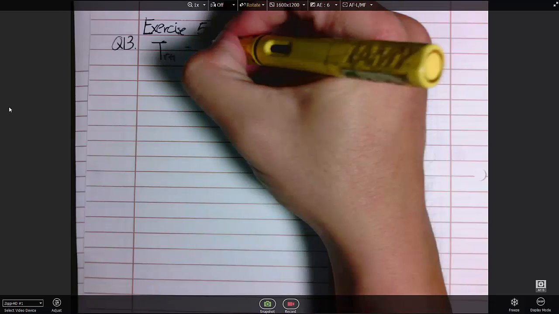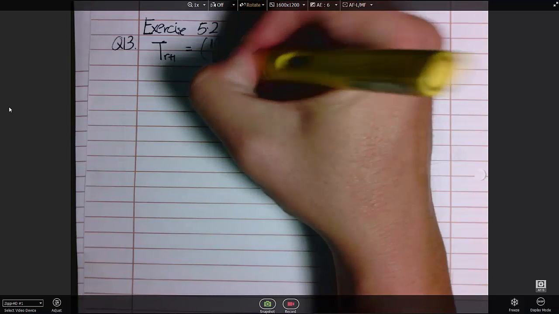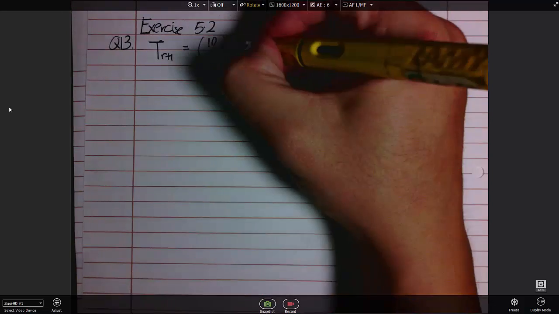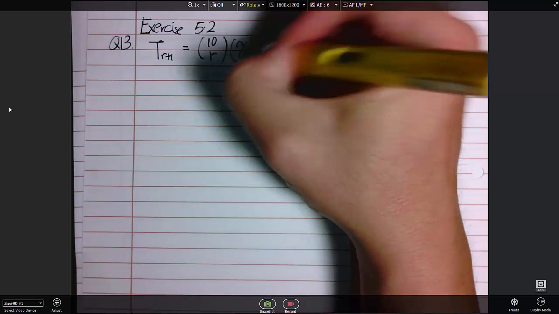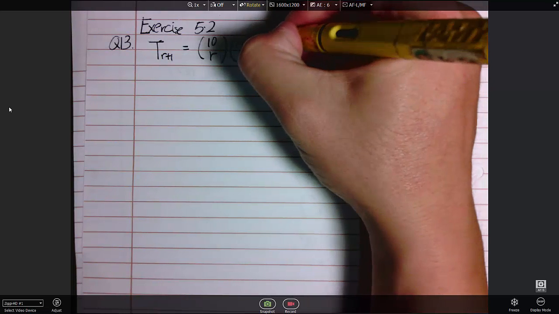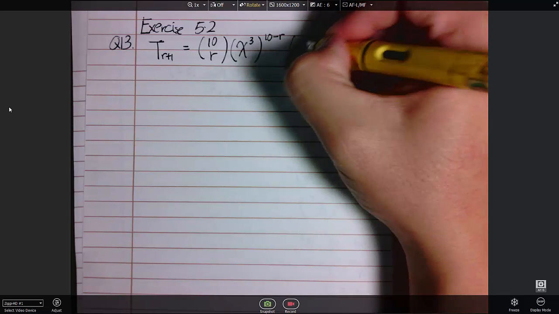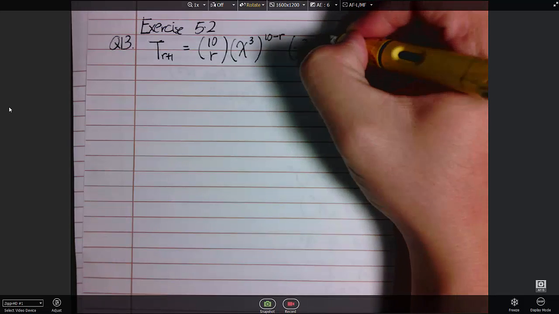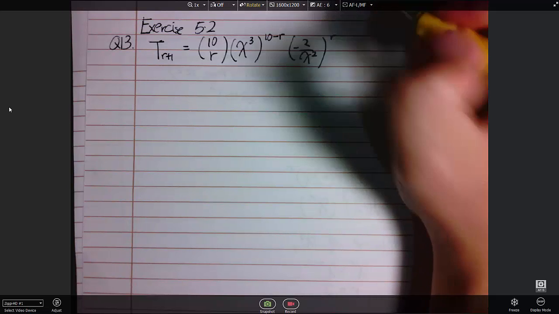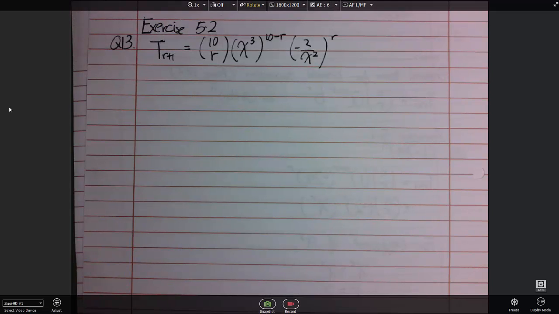So first, the general term is given to me by 10 choose r, a to the power of 10 minus r, then b, which is negative 2 over x squared, to the power of r. That is the general term.